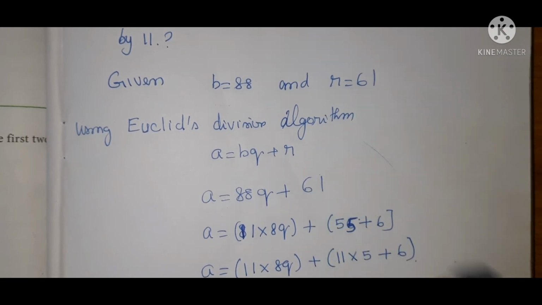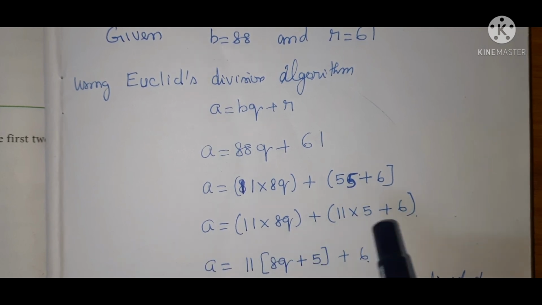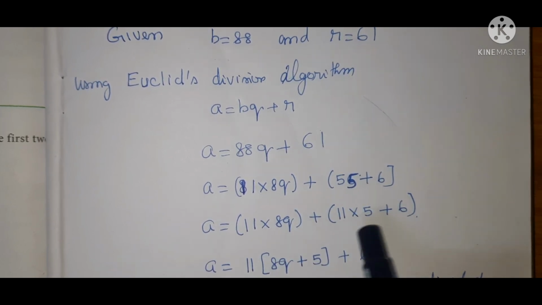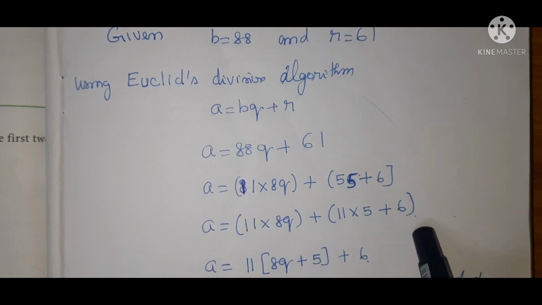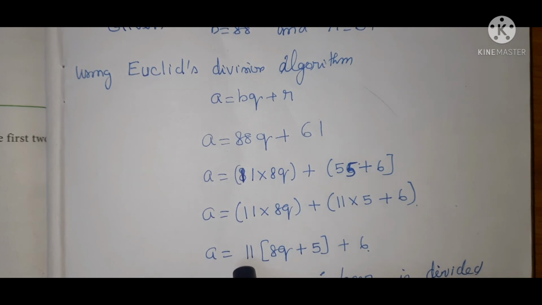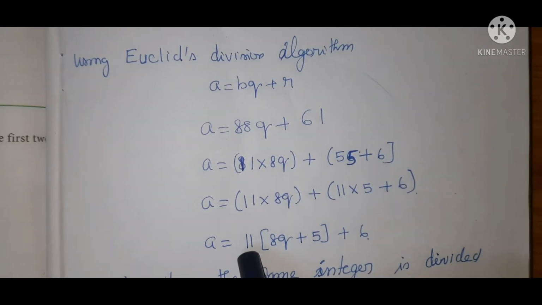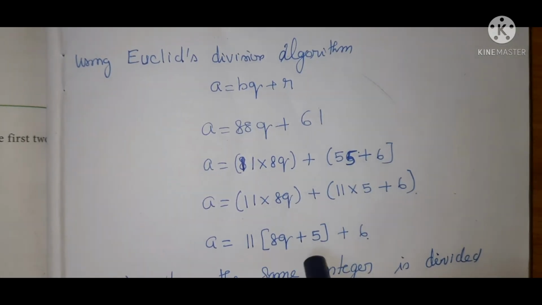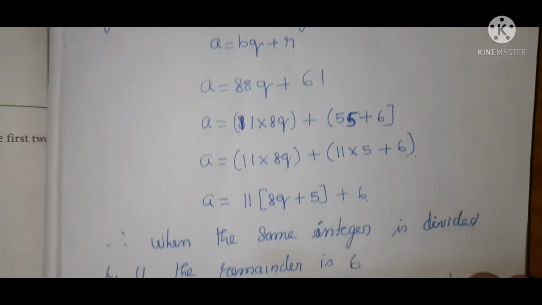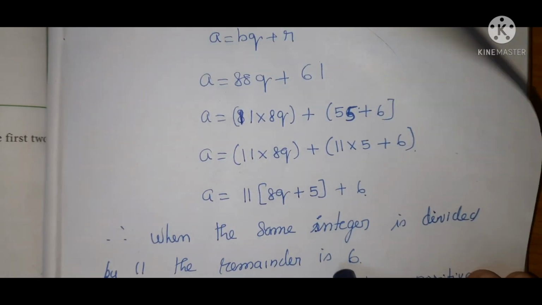So a is equal to 11 into 8q plus 55 plus 6, and 55 is written as 11 into 5. Here 11 is common in both terms. Taking it out, 11 into (8q plus 5) plus 6. This part is exactly divisible by 11, so we get the remainder 6. Therefore, when the same integer is divided by 11, the remainder is 6.